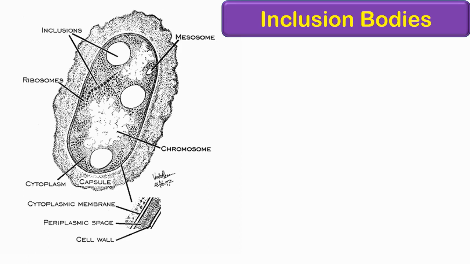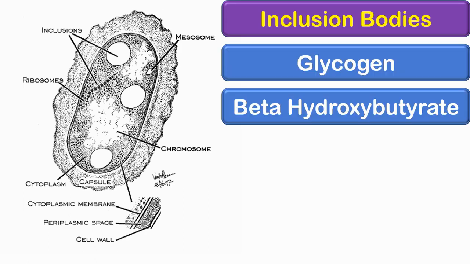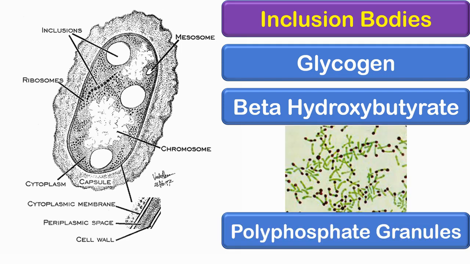The contents of inclusion bodies include energy-dense glycogen and beta-hydroxybutyrate. In aquatic bacteria, a unique inclusion is found that contains gas and helps the bacteria float. Other inclusions, also called granules, are crystals of inorganic compounds, for example, sulfur granules of photosynthetic bacteria and polyphosphate granules of Corynebacterium and Mycobacterium.